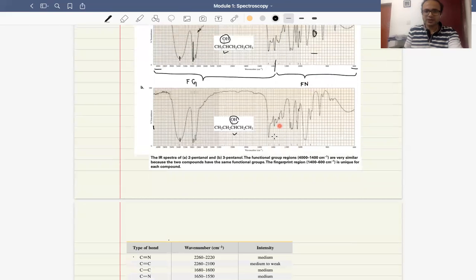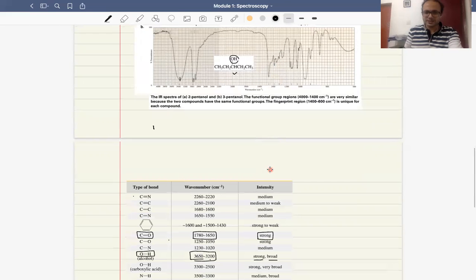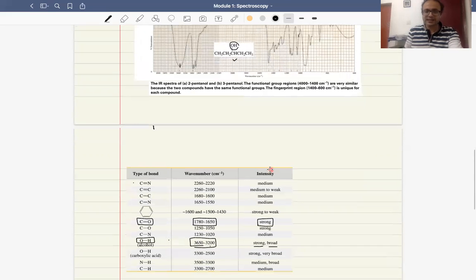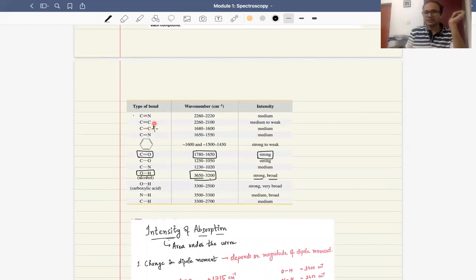So you have now understood how the spectrum looks, and in the previous video I also gave you a table that talks about the different types of bonds and the corresponding frequencies at which they appear in the IR spectrum. As you can see here, each of these functional groups and their corresponding frequencies show different levels of intensity.